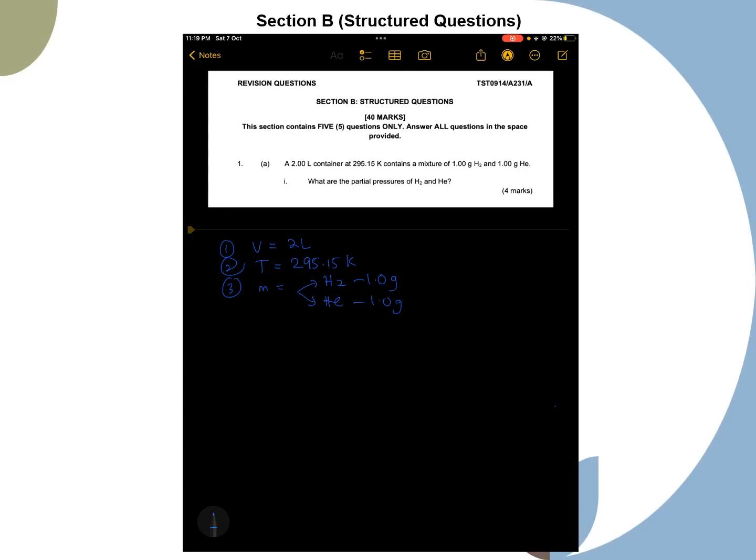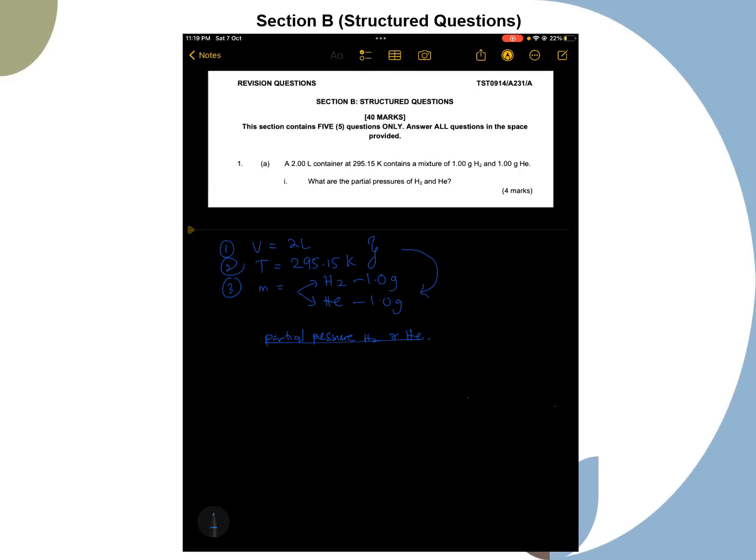The first question wants us to identify the partial pressure for each constituent, for H2 and He. If you notice, we already have this information related to this mixture.